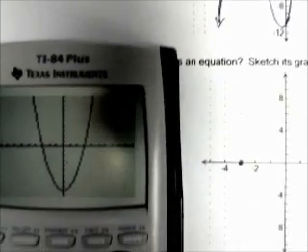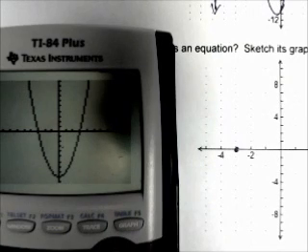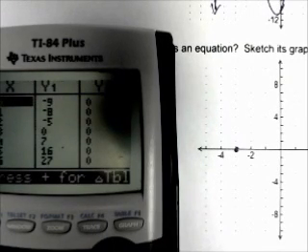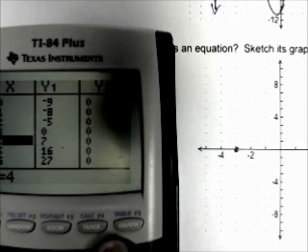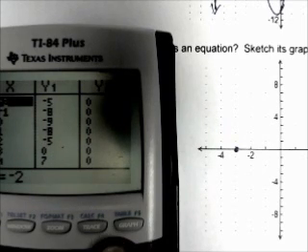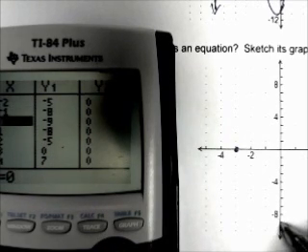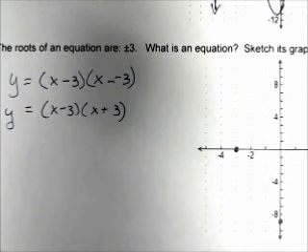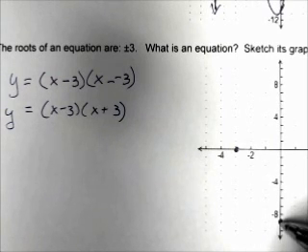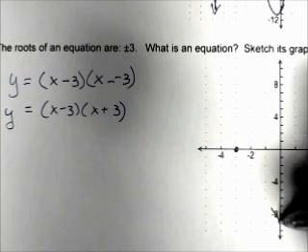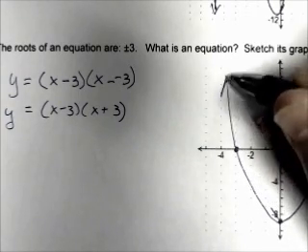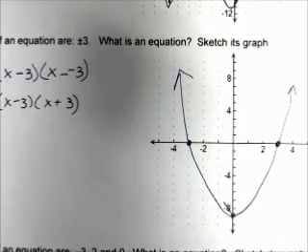Looks like that turning point. Let's see if I can find that turning point. Look at the graph, the table. There it is, 0, -9. Right, 0, -9 is the turning point. And there's our graph.